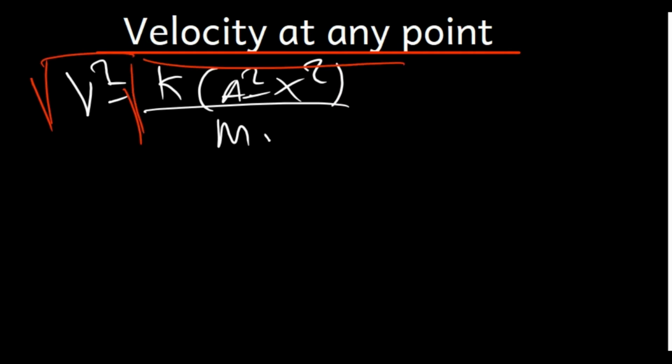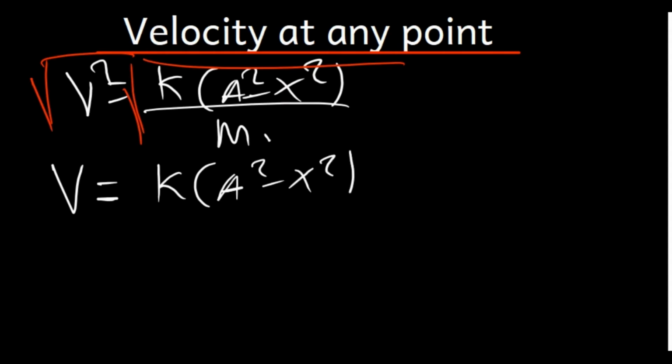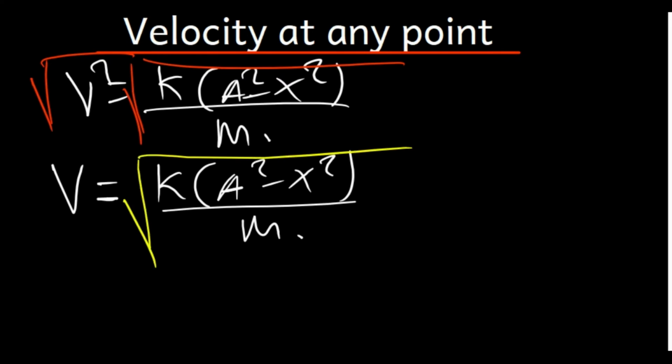We're going to have the velocity at any point, which is going to be equal to the square root of k open brackets a squared minus x squared, everything divided by m. Now everything here is in the square root, but you can leave it here and say this is the formula. But you also know that you can shift this to the outside of the square root.